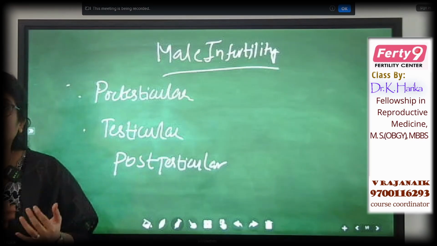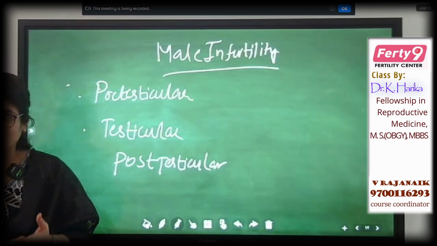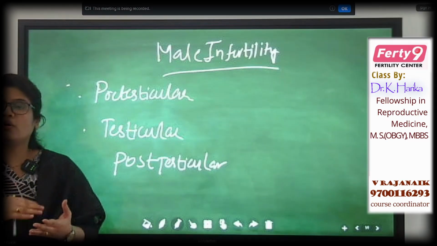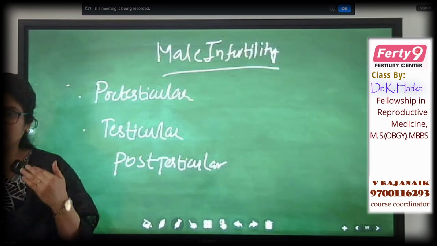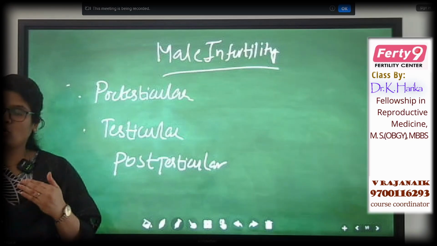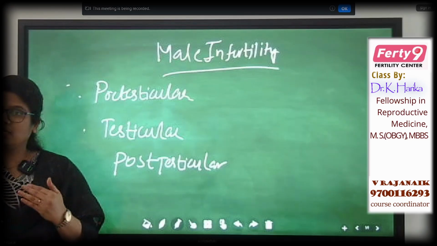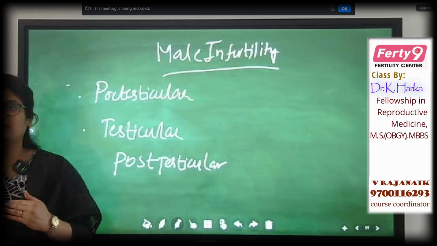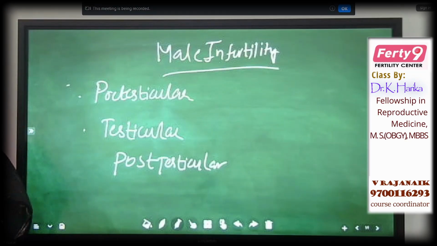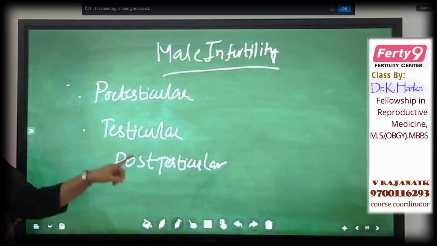As a result, the hormones produced from the hypothalamus or pituitary, that is FSH and LH, will be decreased. It will cause hypogonadotropic hypogonadism.